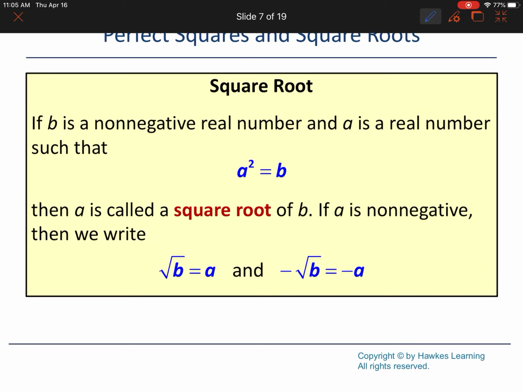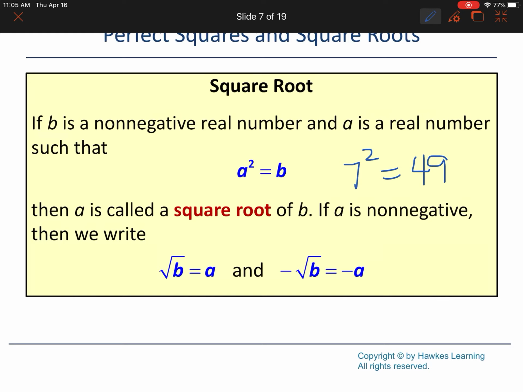And what the square root means: if you have some number squared that equals another number, and that's what we talked about with our perfect squares, right? So let's use as an example 7 squared equals 49. Okay, so 7 squared equals 49. Then that means the square root of 49 equals 7.